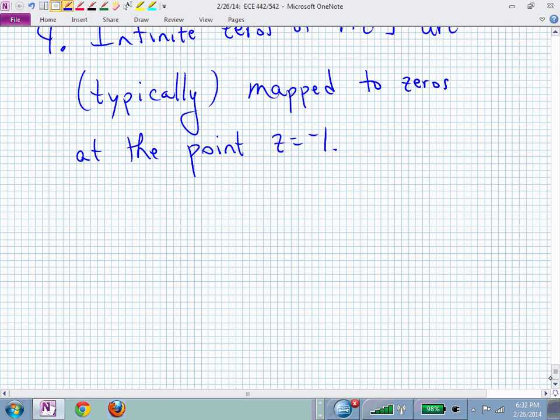Meaning in our z-plane, we have this relationship between s and z that's supposed to be a semicircle without any dents, but it kind of got hit.